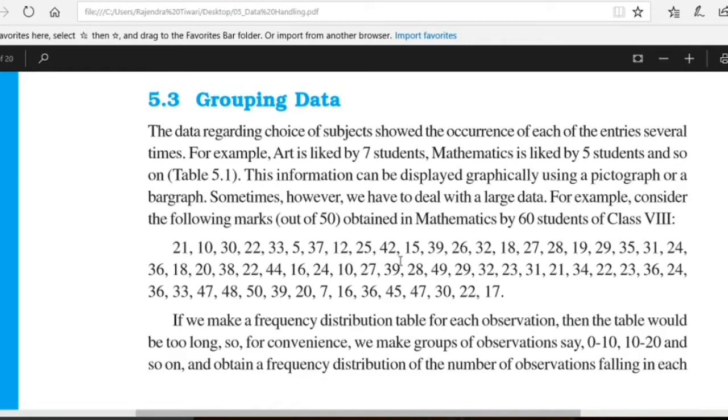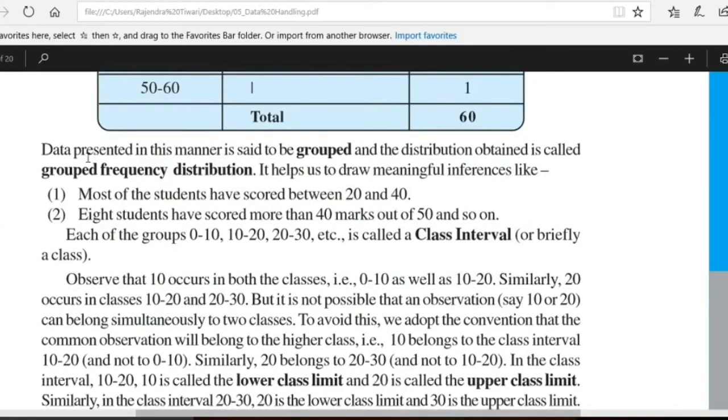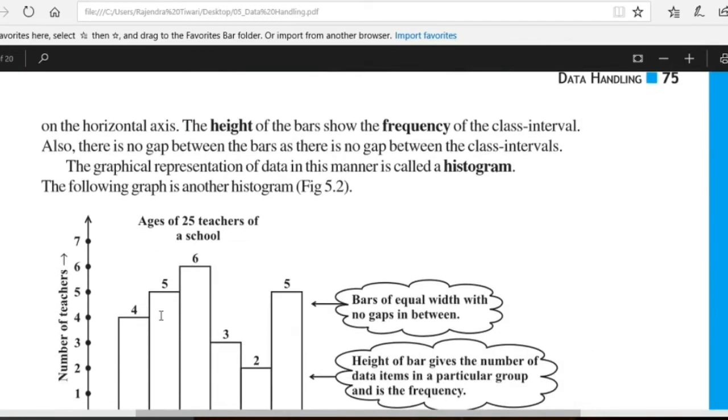When you combine this data in the form of groups, this is called grouped data, or grouping of data. The data represented in this manner is said to be grouped, and the distribution obtained is called grouped frequency distribution.